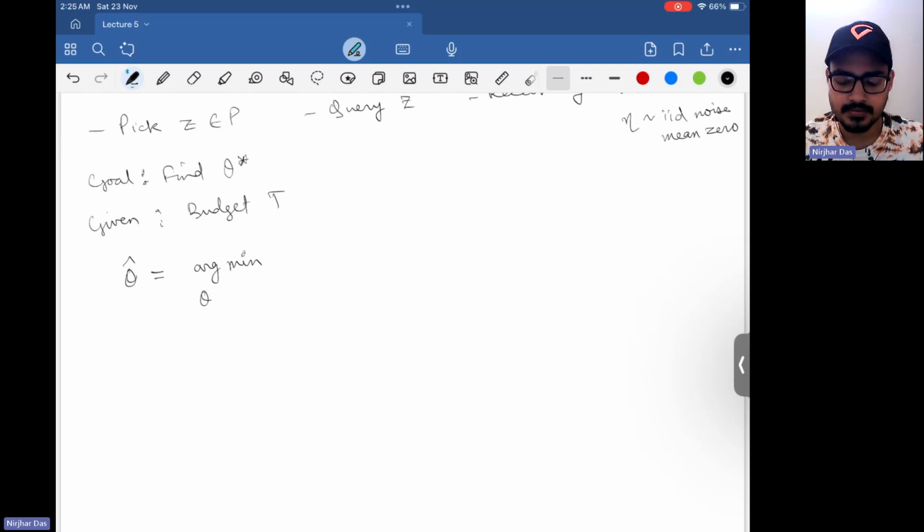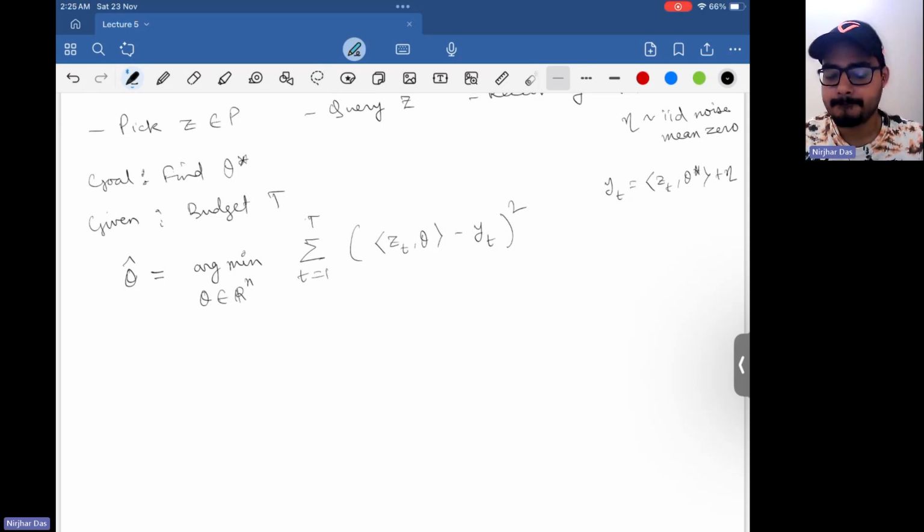It says to minimize over all theta the sum of the square loss, given by the sum over t of (zt inner product theta minus yt) squared. Here yt is the corresponding output that you received, zt inner product theta star plus eta.